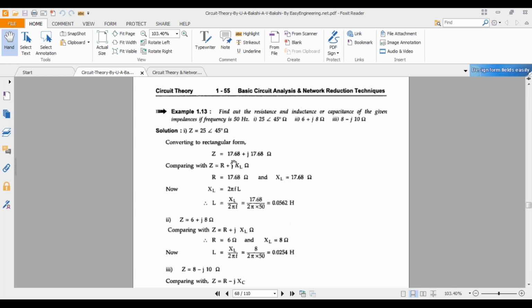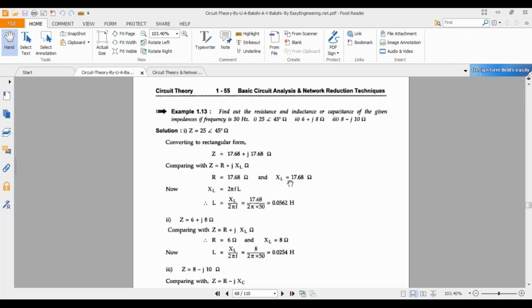Did you practice how to convert polar form to rectangular form and rectangular form to polar form in your calculators? By following the link I have provided in the previous slides, we can convert this polar form into rectangular form.